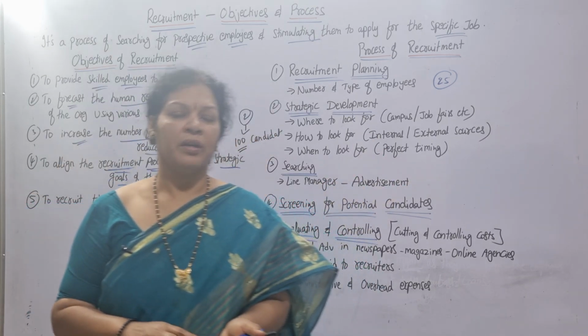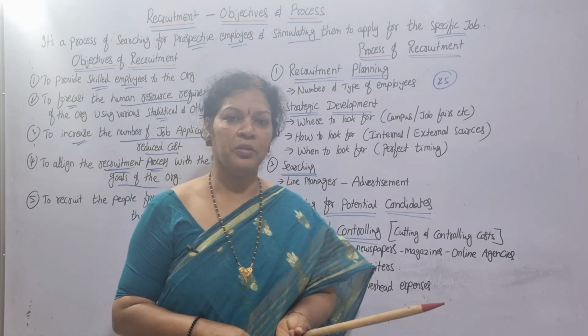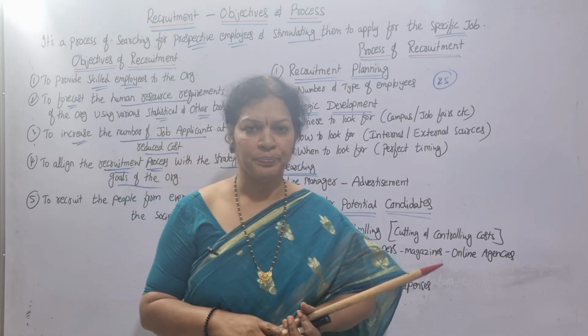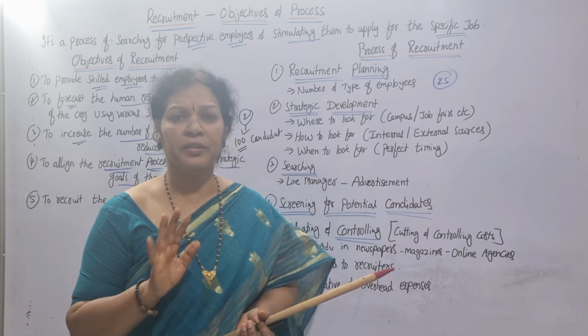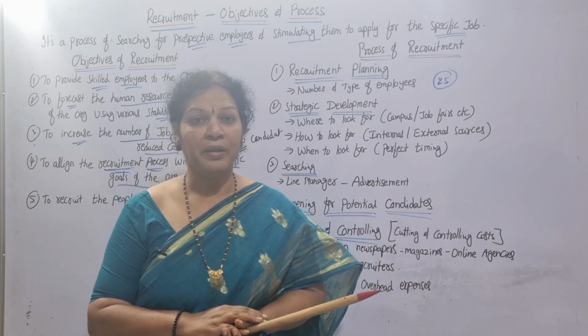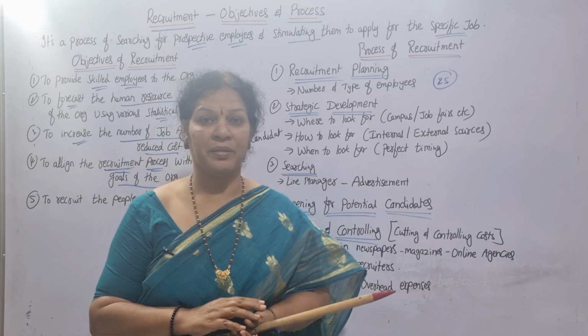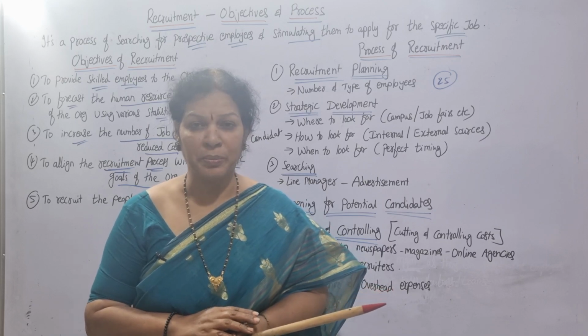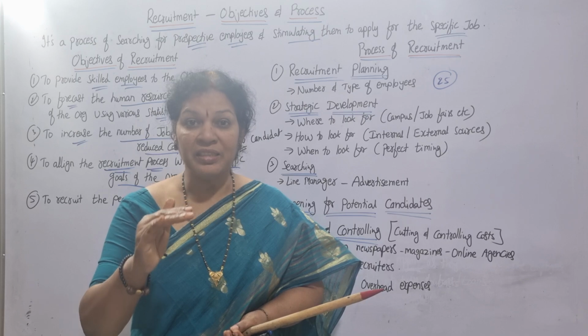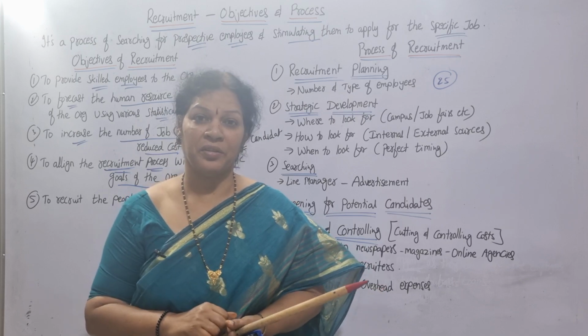Always remember, according to the standard of the organization, you have to keep in mind and go for advertisement. For example, we need 50 employees. If we are giving in a local newspaper or magazine, you are decreasing the standard of the organization.